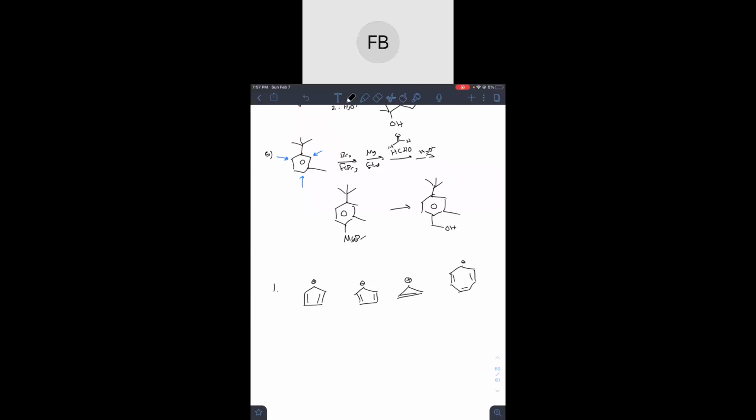Aromatic means that it follows all of the stipulations for aromaticity, which include conjugation, being a ring, being planar, sp3, but it also includes the stipulation that it has to have 4n plus 2 pi electrons. The anti-aromatic is 4n pi electrons, and non-aromatic means it violates some other rule, so it's not conjugated, whatever.